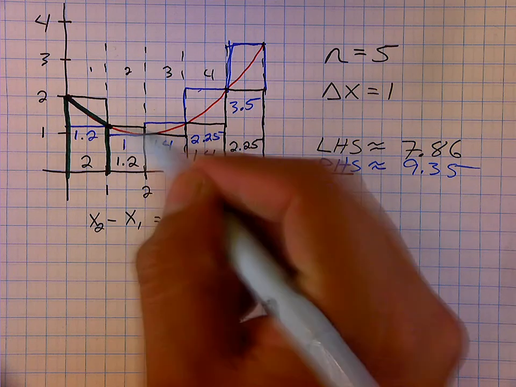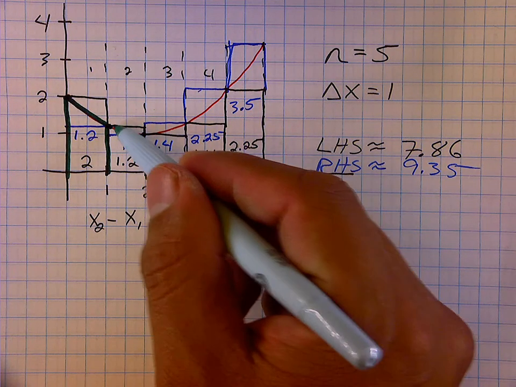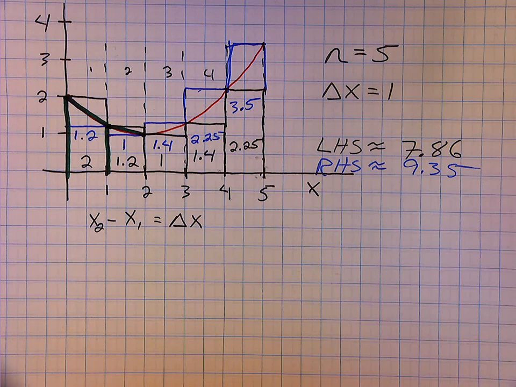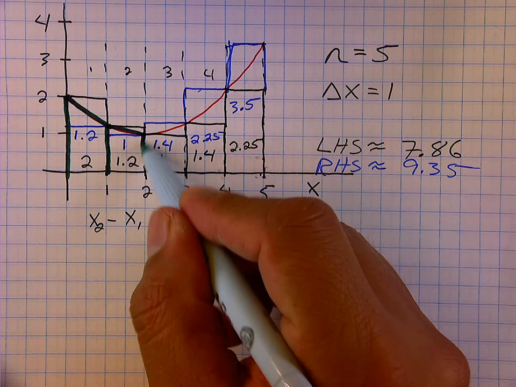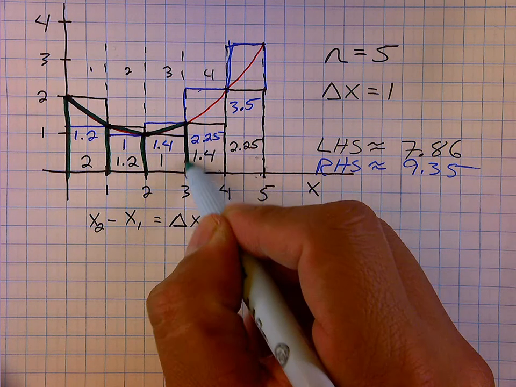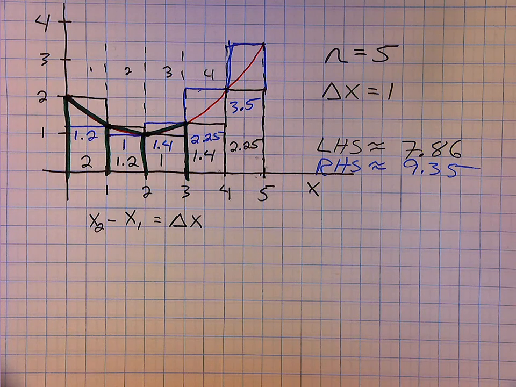The next trapezoid, I connect it both on the left and right hand sides where it touches, and connect the dots. The next one, I connect on the left and right hand sides, connect the dots.